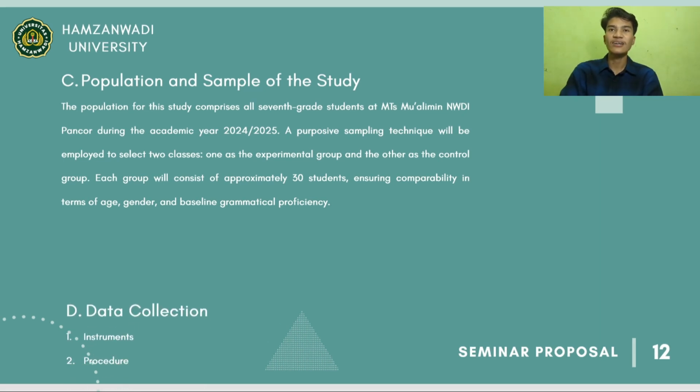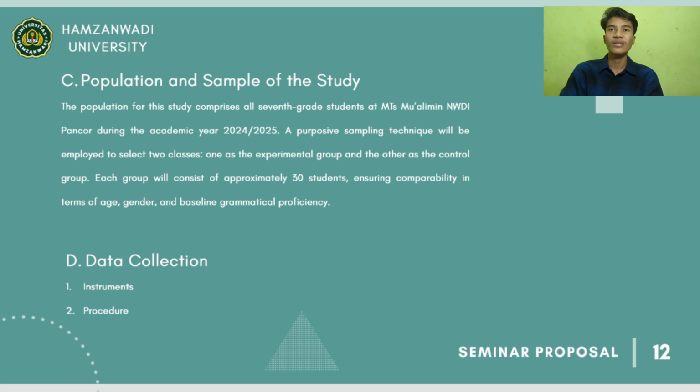And next is data collection. First one, instrument. Before I do this research, I'd like to give grammar tests. Pre-test and post-test will be developed to assess students' grammatical knowledge.